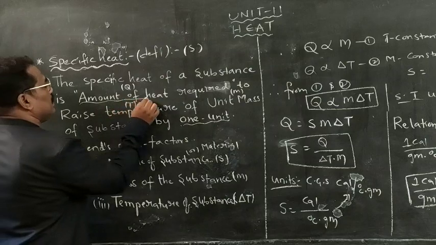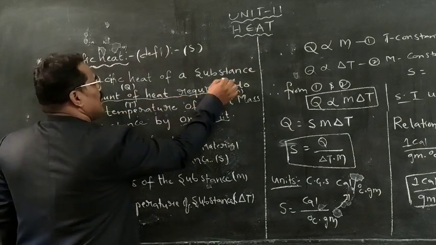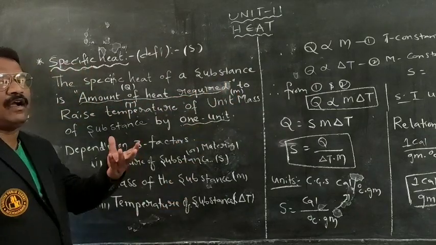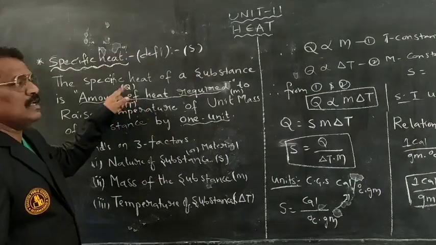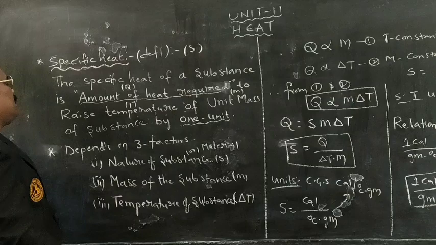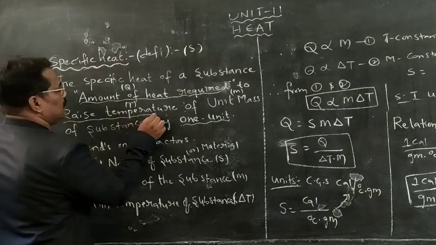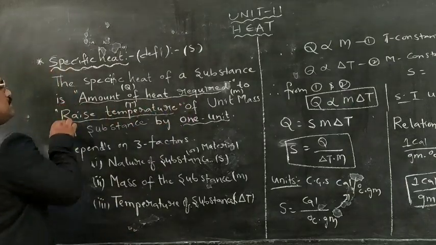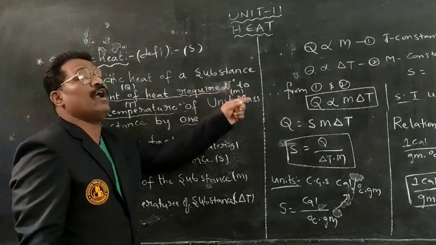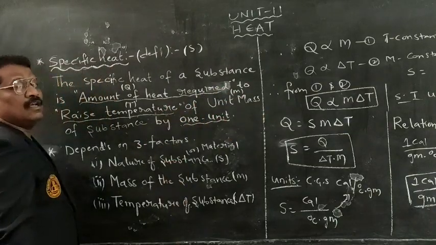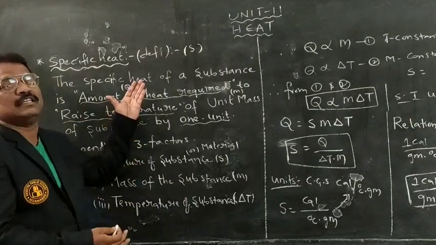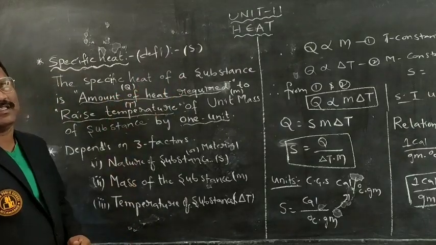The amount of heat required. Heat is measured as Q. Therefore, the amount of heat required to raise the temperature of 1 unit mass by 1 unit is called the specific heat of a substance.